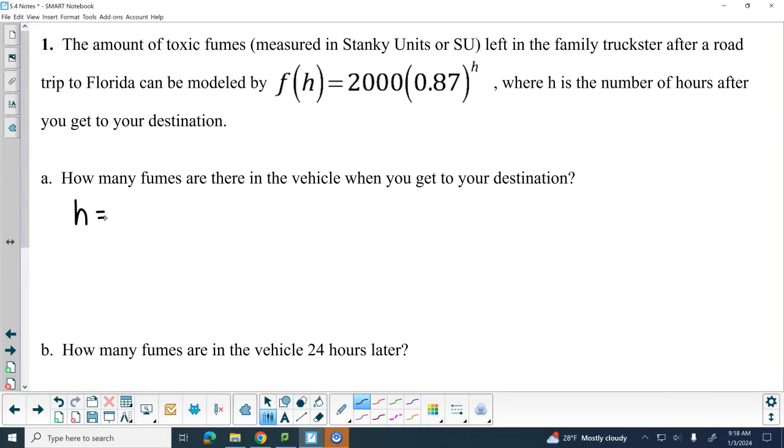Number of hours after you do. So if we get to our destination, what's our H value? 0. Okay? Because that's when you get to your destination, H is 0. So if H is 0 for this particular subpart of the problem, how many Stanky units are left in your van?